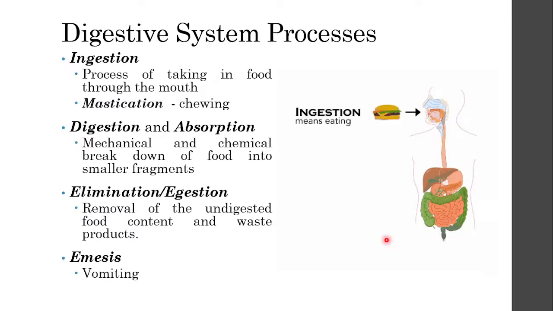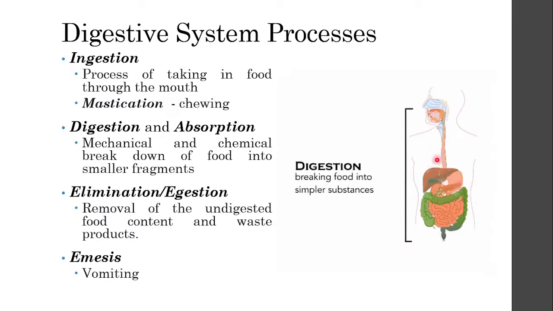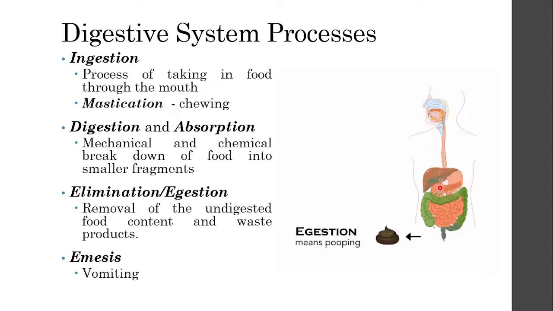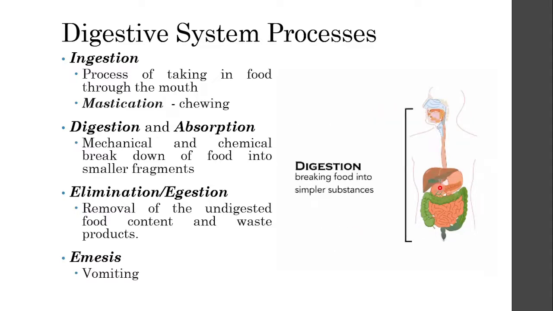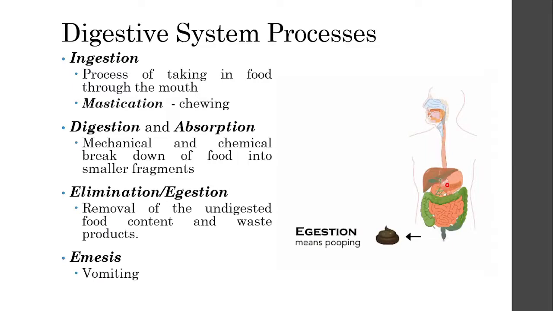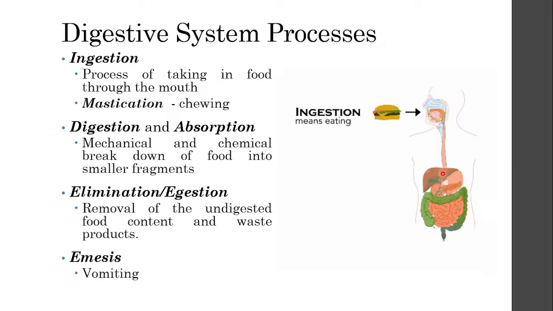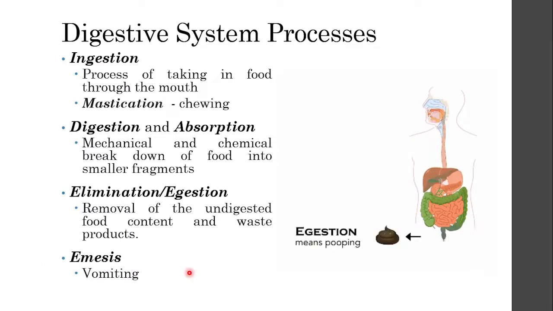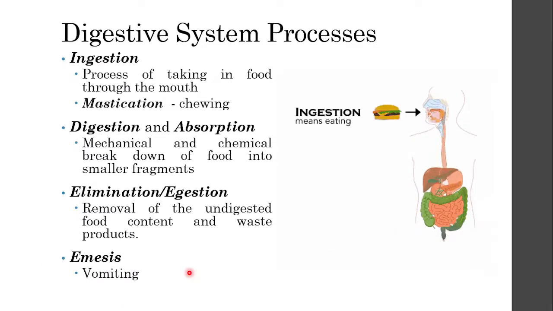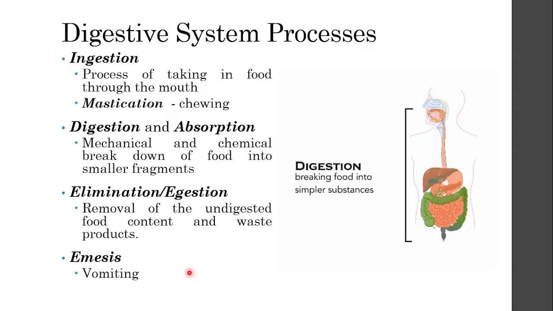The reason for that is that your body is rejecting it because it perhaps contains very dangerous bacteria that can make you sick. So your body is reacting to remove everything that is already inside your body. So that is emesis.